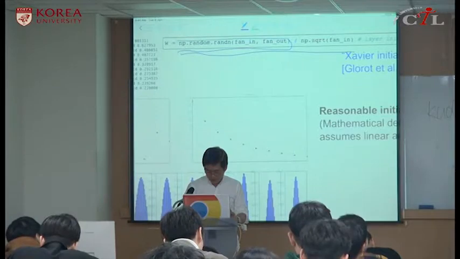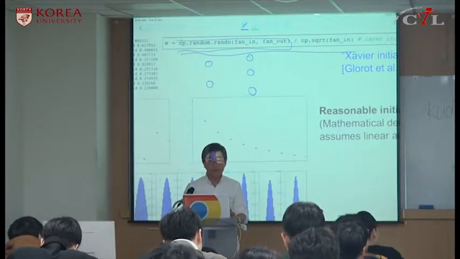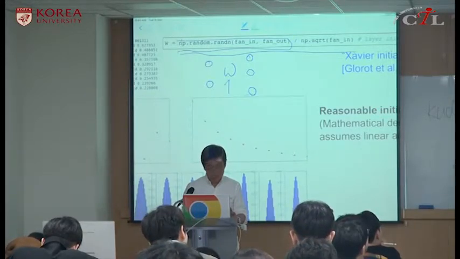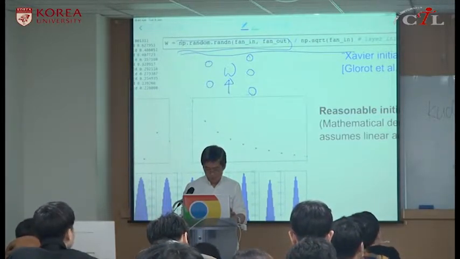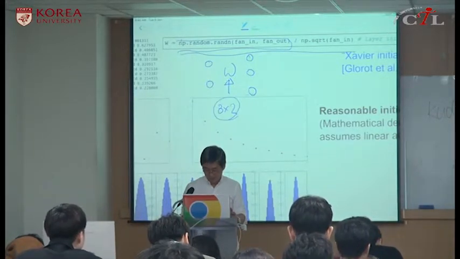So if we have 2 input nodes and 3 output nodes, then the size of the matrix W will be 3 by 2, right? So why is it 3 by 2?